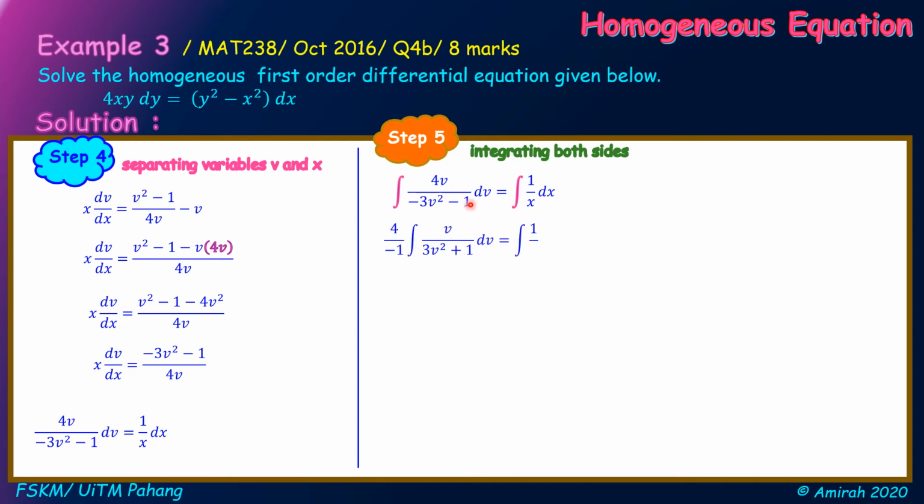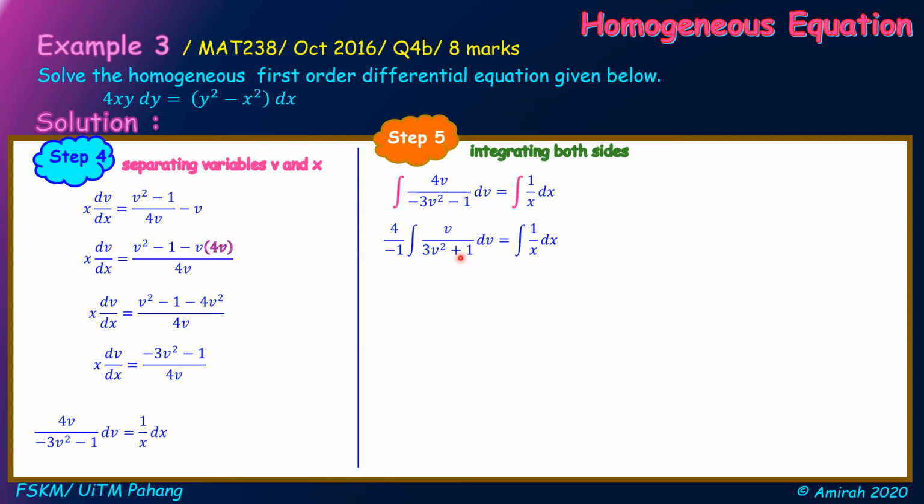From here, we can integrate using this method. We can move out the constant 4. And from the negative sign in the denominator here, we can factorize negative 1. So the denominator becomes positive 3v squared plus 1.